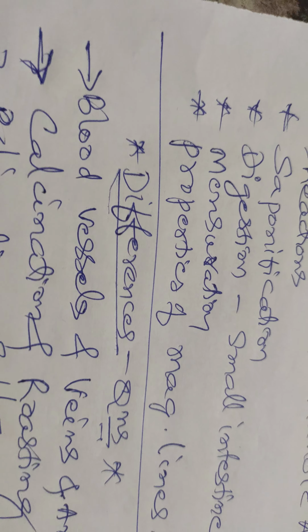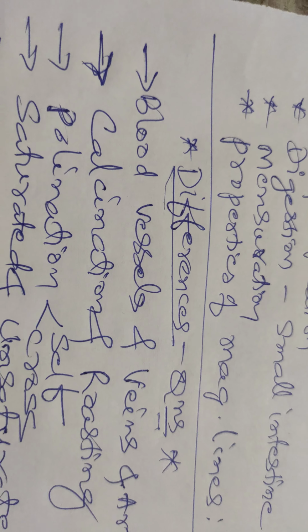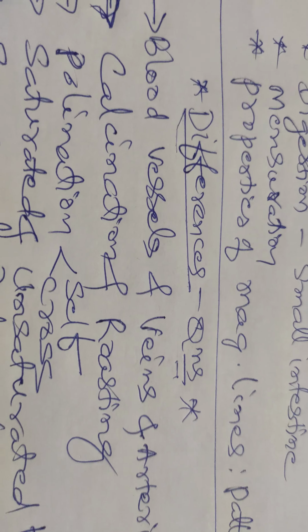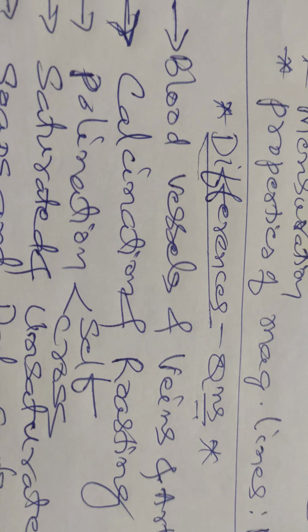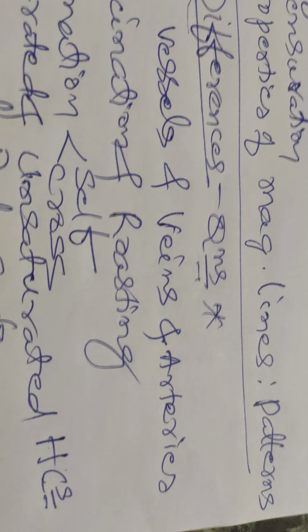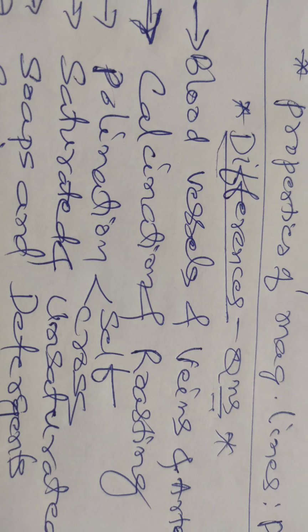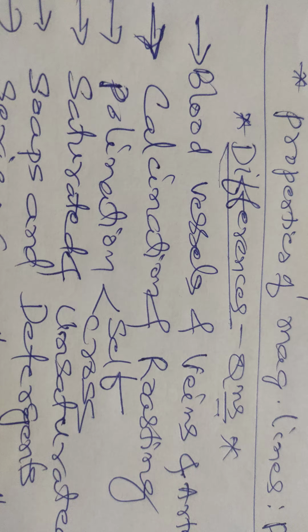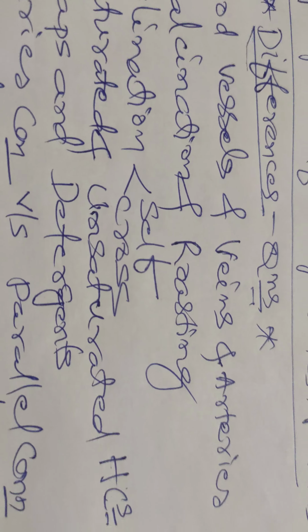Next, you will see this type of question: differences. Arteries and veins. Calcination and roasting. Self-pollination, cross-pollination. Saturated hydrocarbons, unsaturated hydrocarbons, that is single bond, double bond, triple bond. Soaps and detergents, series connection versus parallel connection.